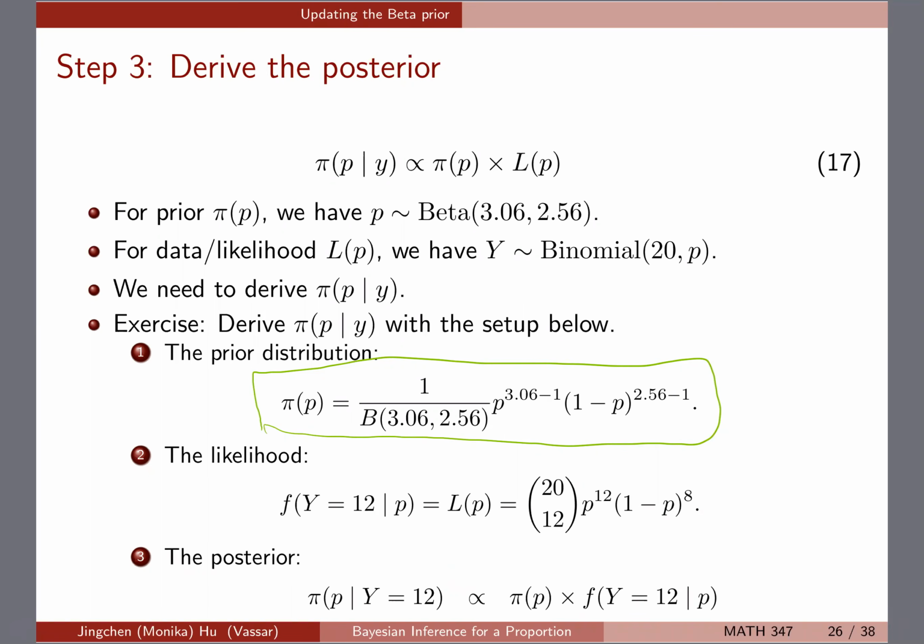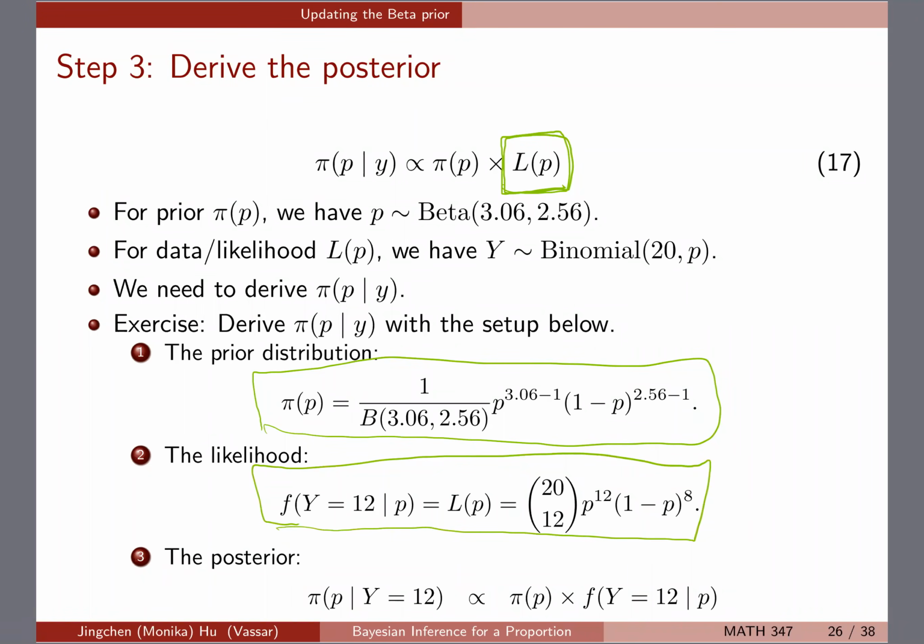And for the data part, which is the likelihood, again we're using the binomial likelihood, the data model. Again, the likelihood function is a function of the unknown parameter. You express it in that way, and for our particular data, 12 out of 20, that's the likelihood.